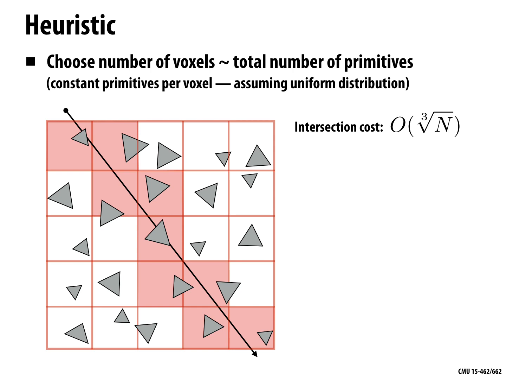Right? Also, we can think about this in terms of asymptotic cost. The intersection cost here is order cube root n. Why cube root n? Basically because if we think about what is the number of voxels in this three-dimensional line versus the number of voxels in the whole grid, and what is the number of voxels in the whole grid?